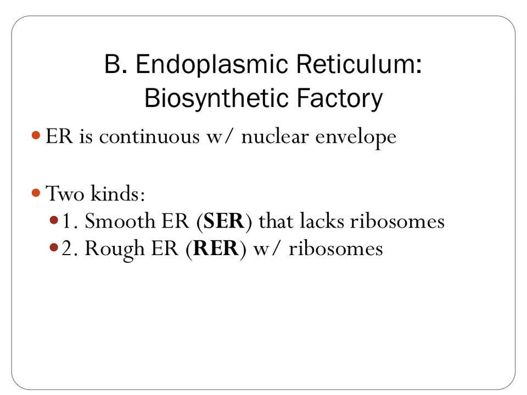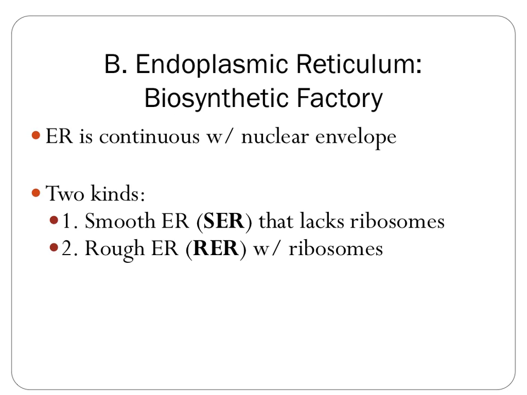So the first one is the endoplasmic reticulum, and it acts kind of like a biosynthetic factory, and you'll see why that is in just a second. There are two kinds of ER, of endoplasmic reticulum. The smooth ER lacks ribosomes.